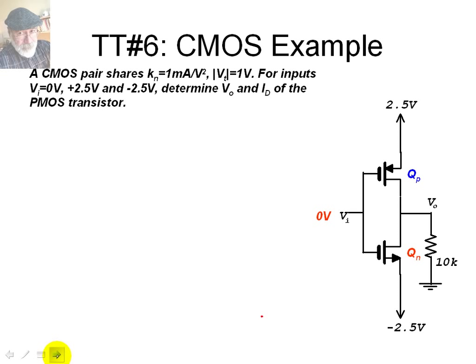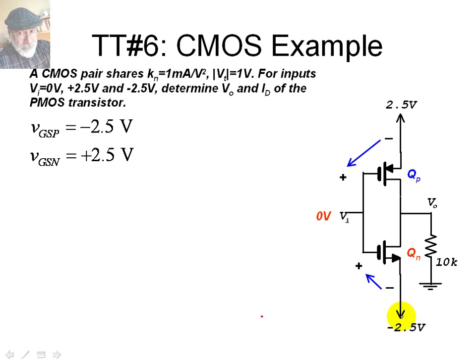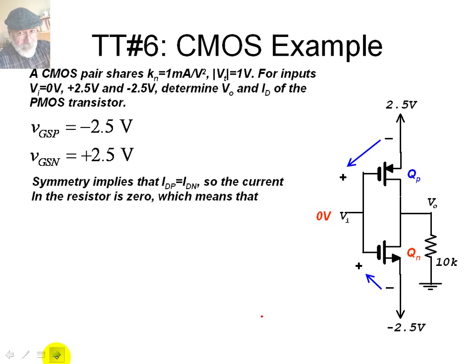If the input is 0 volts, we can compute VGS for the PMOS transistor at the top, and that is 0 minus 2.5, that is negative 2.5 volts. And we could also compute VGS for the NMOS at the bottom, and that is 0 minus 2.5 volts, that is positive 2.5 volts. Okay, you say there is symmetry in that circuit. Symmetry in this case implies that we have exactly the same current in the drain on the top transistor and on the bottom transistor.